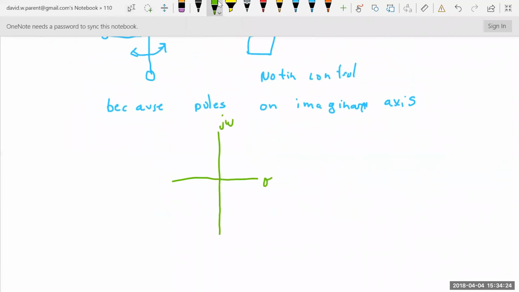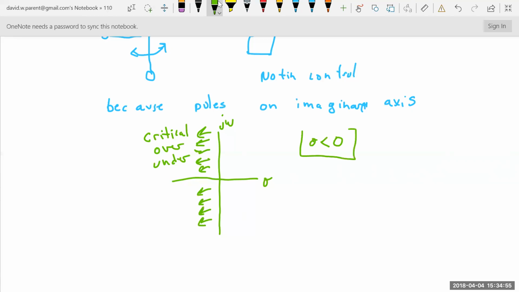Critical, over and under damped are all on this side of the axis, all right? The real part is less than zero. Not less than or equal to, less than, right?